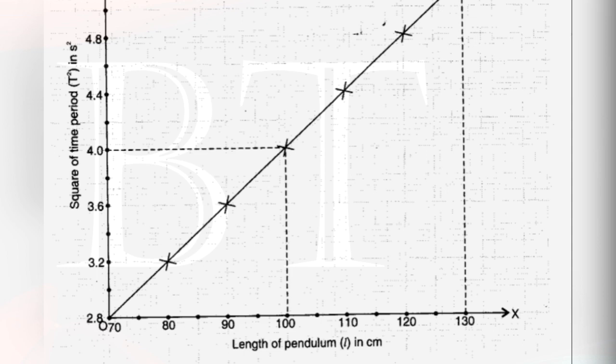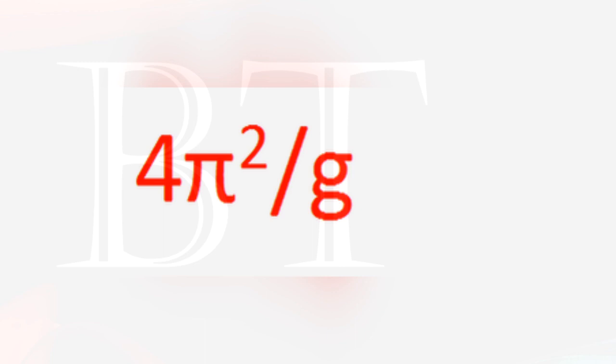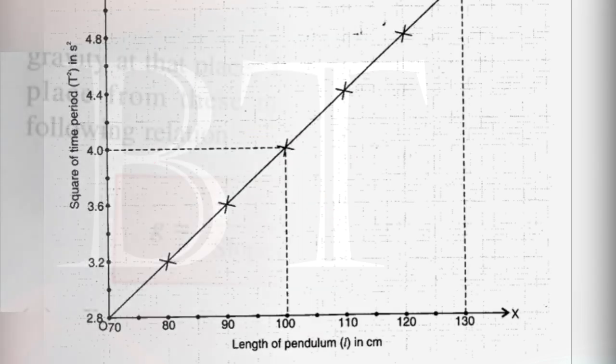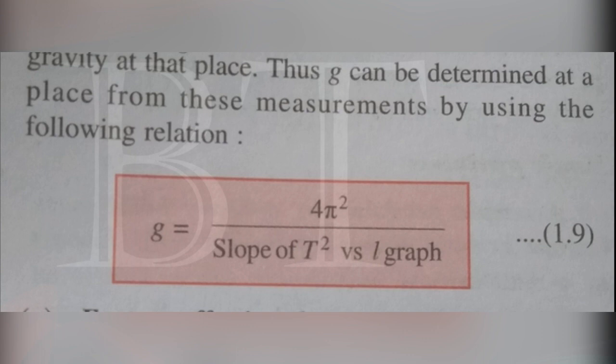This shows that T² is always directly proportional to L. If you take the slope of the graph, it is found that the value of the slope is a constant and is equal to 4π²/g, where g is the acceleration due to gravity at that place. Hence, g can be determined at the place from these measurements by using the relation g = 4π²/slope of the graph.